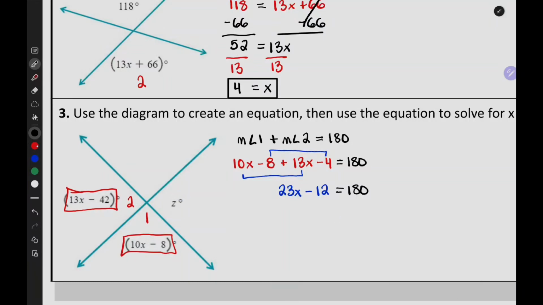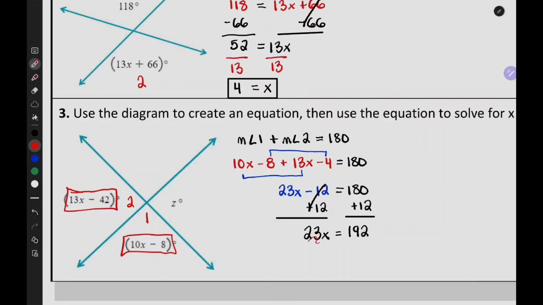Now I'm going to use inverse operations. All right, I'm going to add my constant 12 to both sides of the equation. And 23x is equal to 192.